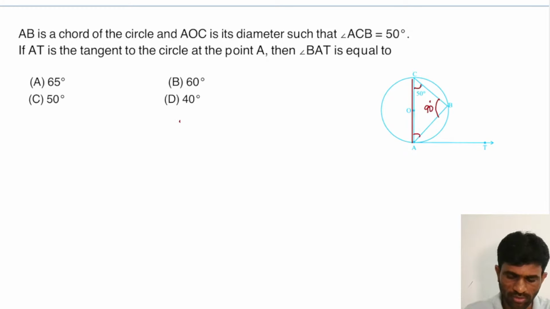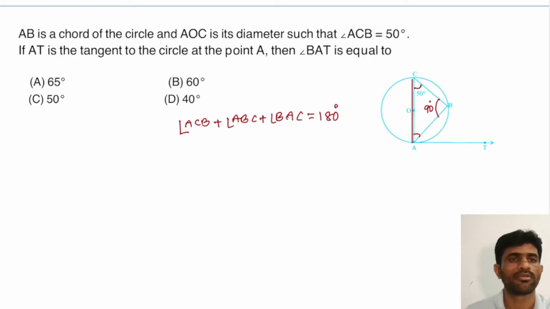So we know angle ACB plus angle ABC plus angle BAC is equal to 180 degrees. The sum of three angles in a triangle. In that, angle ACB is already given as 50 degrees.